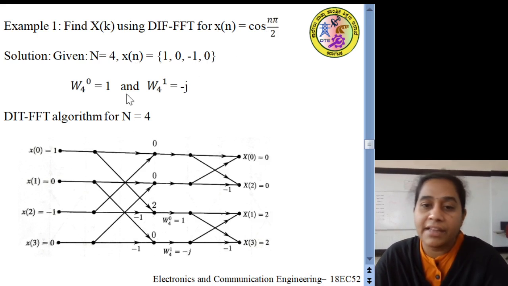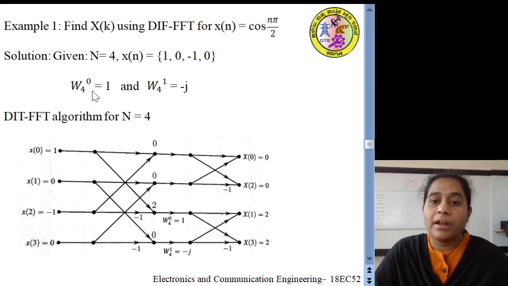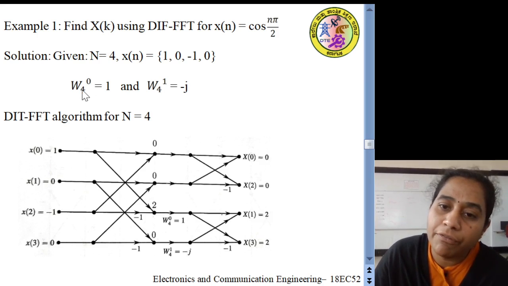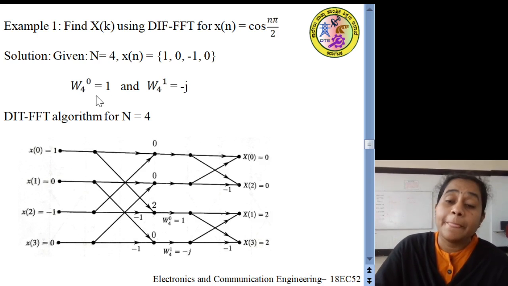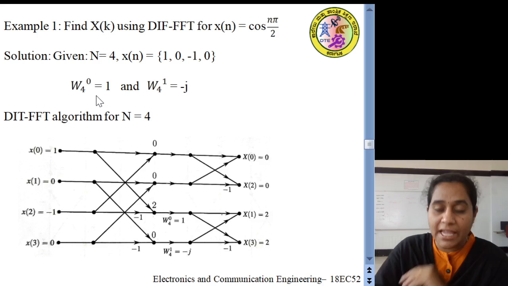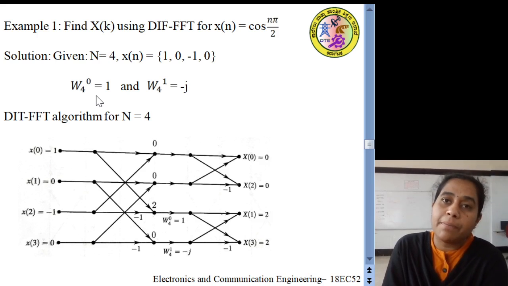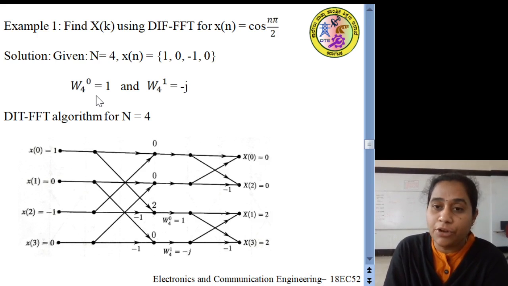And we require the twiddle factors W4 raised to the power of 0 as well as W4 raised to the power of 1. W4 is nothing but W N, that is e power minus j 2 pi by 4. So it is cos 2 pi by 4 minus j sin 2 pi by 4.